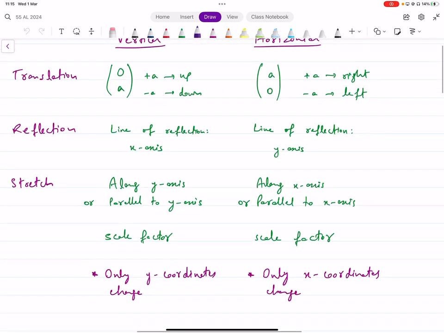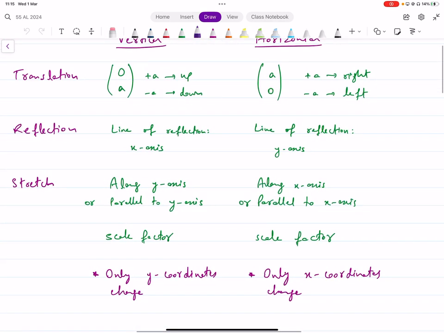Now, first of all, we learned how to understand each of these transformations. Stretch एक नहीं है, वो हमने last time देखा था. So कैसे आपने देखना है? In order to describe these transformations, you have to use some specific terminologies. For example, for describing translation, you have to write down the translation vector. उसको words में नहीं लिख सकते, आपको vector लिखना होगा.